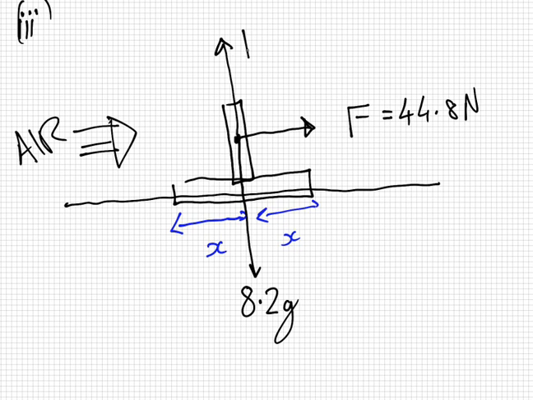Now, there is a force going right, there's a force going down, of course there's a force going up from the ground, and there should be a friction force going to the left as well, otherwise it will be sliding along the ground. So I'll just call this here F, and I'll just get rid of the F here.